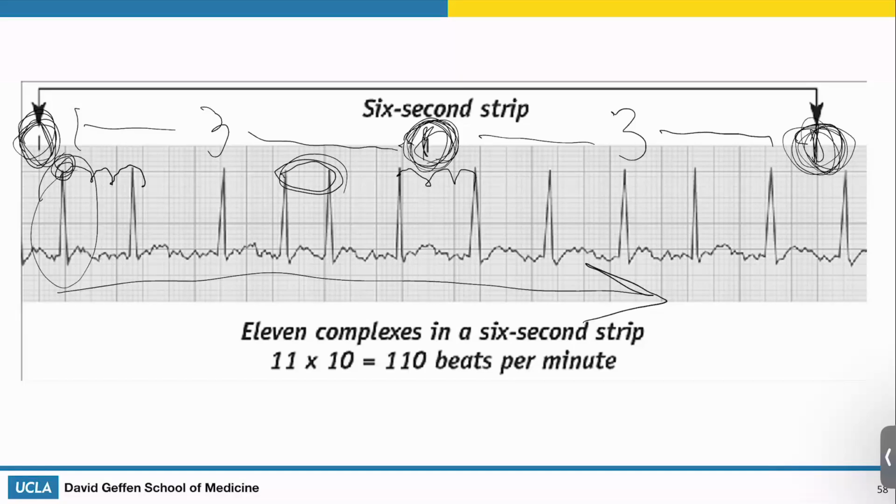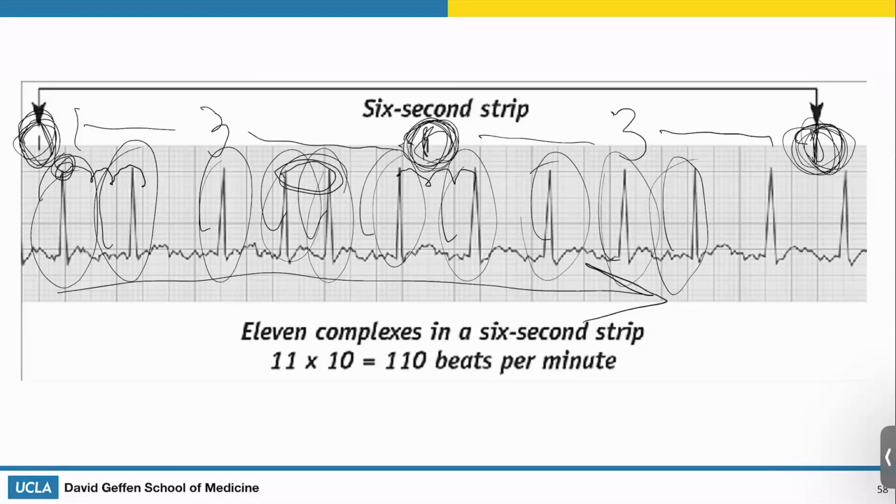So what I'll do is I'll count my complexes: 1, 2, 3, 4, 5, 6, 7, 8, 9, 10, 11, 12. Okay. I think we got different numbers here. Oh, it's because that's outside that 6-second strip. So they're right. They can count better than me. So we have 11 times 10, which is going to equal 110 beats per minute.